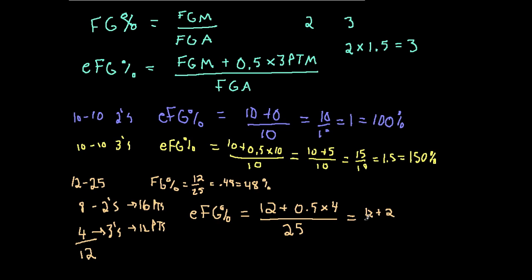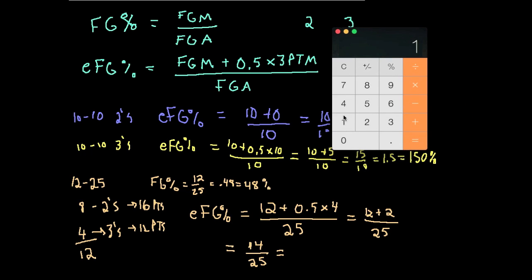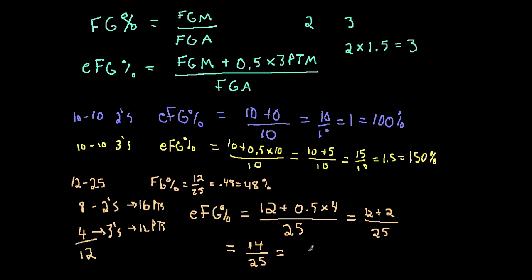Half of 4 is 2. Divided by 25. This equals 14 divided by 25. Let me grab the calculator here, 14 divided by 25 is 0.56, and that's the same as 56%. So that's 8% better than what just their field goal percentage would be.